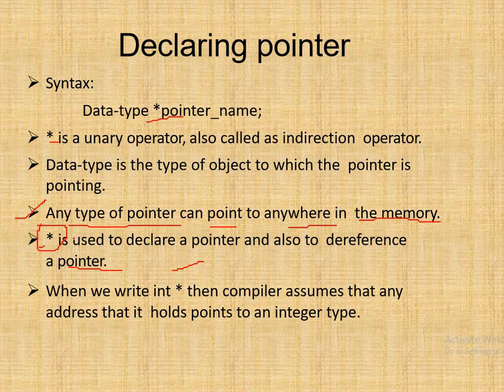Basically this is the operator known as value at address. That's why it is the dereference operator. When we write int *, the compiler assumes that any address it holds points to an integer type. Basically this is the data type of the variable whose address is held in the pointer. That's why it is written int *.